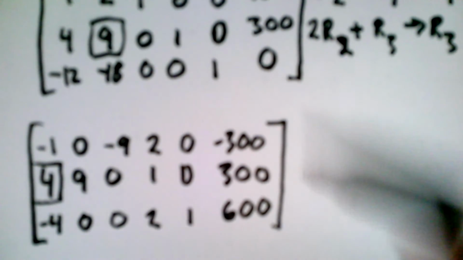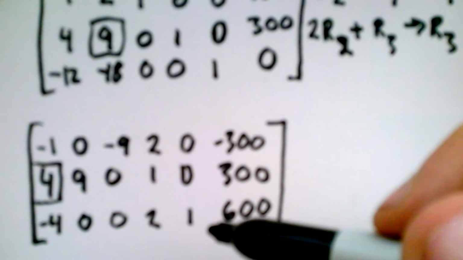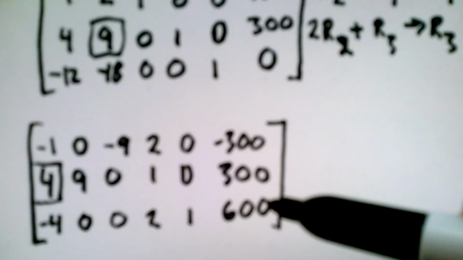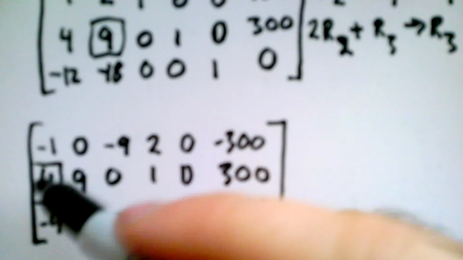So this means that this is our pivot. I want to remove all entries in the pivot column, that is the leftmost column, that are not the 4, the pivot 4. So I have to figure out what to do.